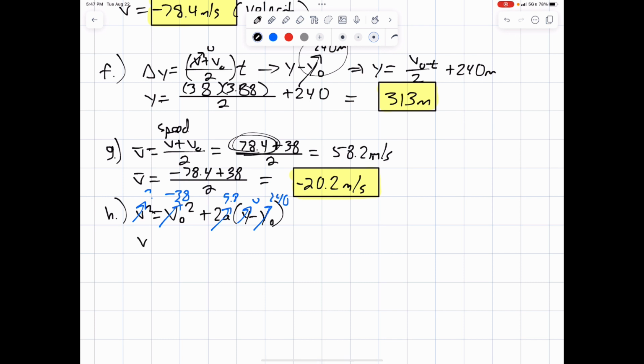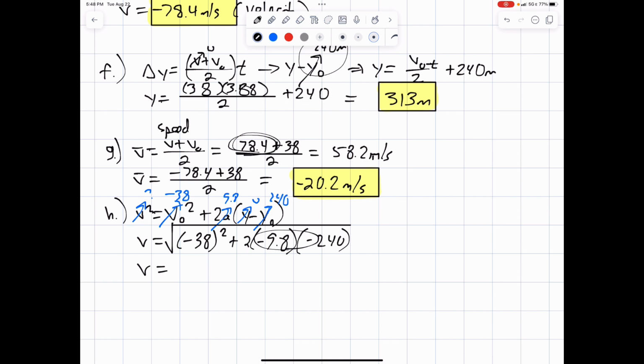Square root both sides, and v is equal to the square root of negative 38 squared plus 2 times negative 9.8 times 0 minus 240, which is negative 240. You'll notice those two negatives are going to make a positive, so I'm going to be adding. And negative 38 squared is going to be positive.